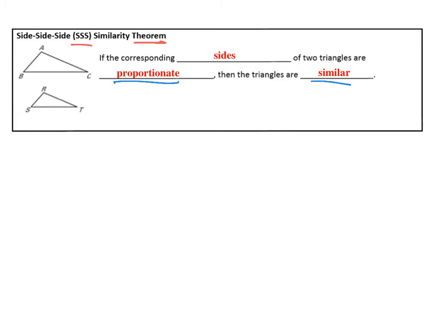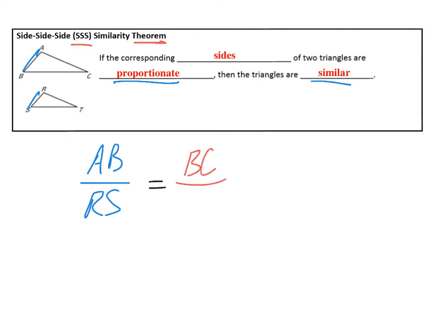If you remember what that was from the last section, I want to say that the ratio of AB to RS is going to be equal to the ratio of BC to ST, so these are the two bases, is going to be equal to the third sides, AC to RT.